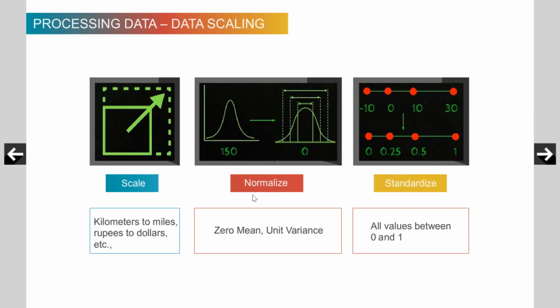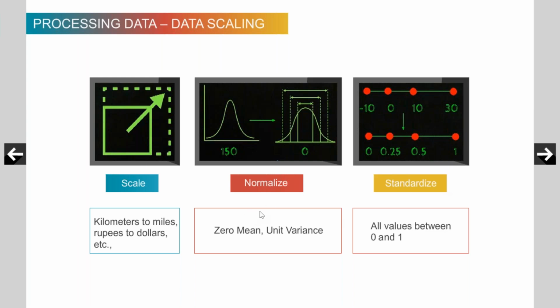You normalize them. It means you convert the values from one format to another format in such a way that the mean of the new values will be 0 and the variance of the new set of values will be 1. And then there is another process known as standardization.